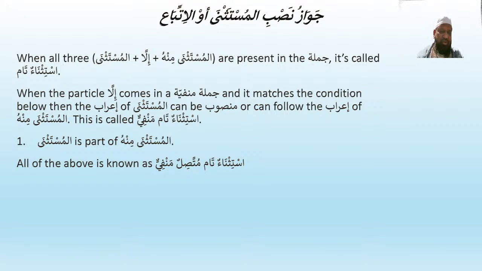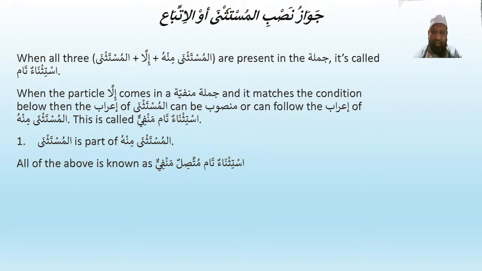Sometimes the mustasna is not part of mustasna minhu. What do you call that? We'll learn that in the next lesson, but let me tell you, it is called munqati'. Istisna, it will be tam, and it will be munqati', because the mustasna is not part of mustasna minhu.